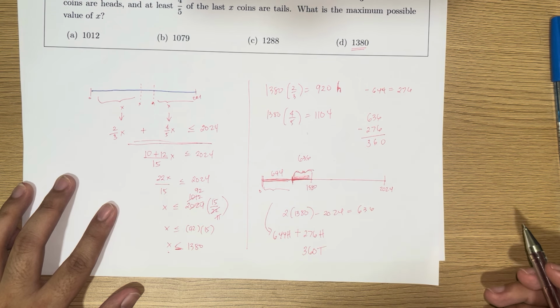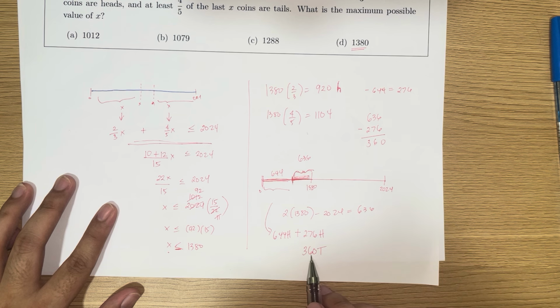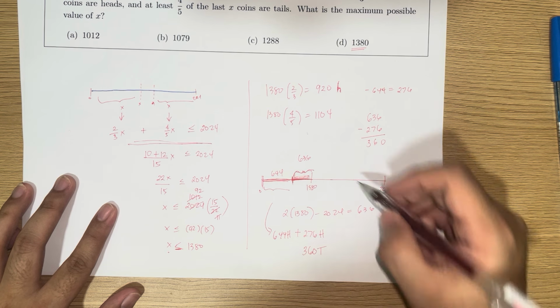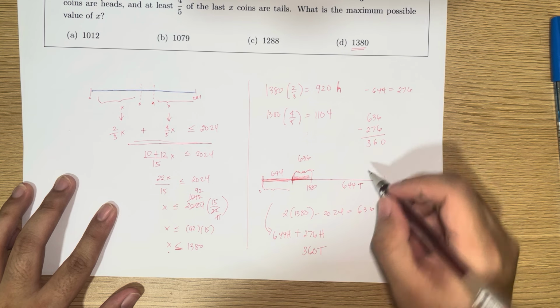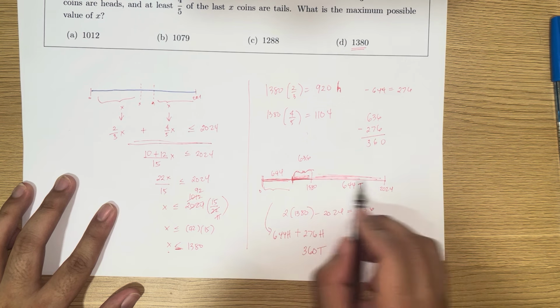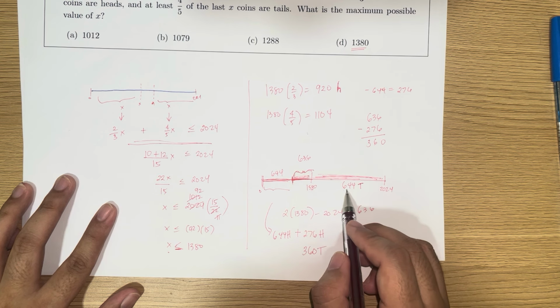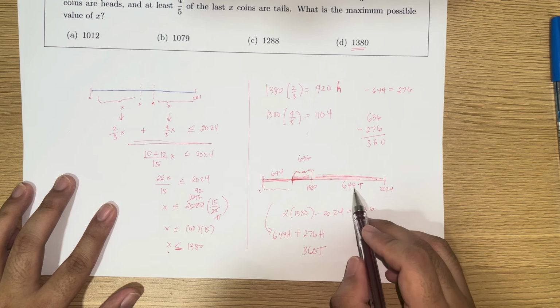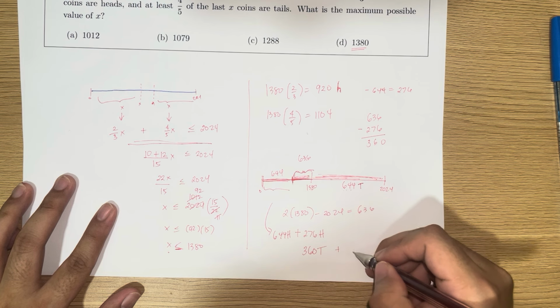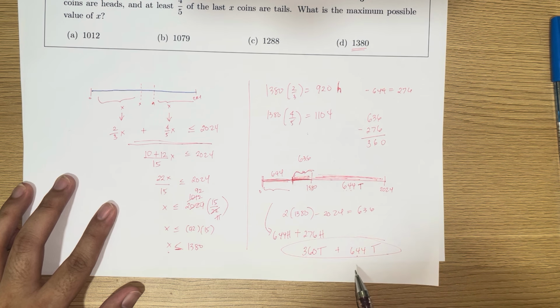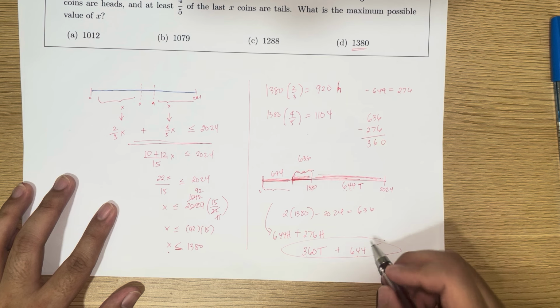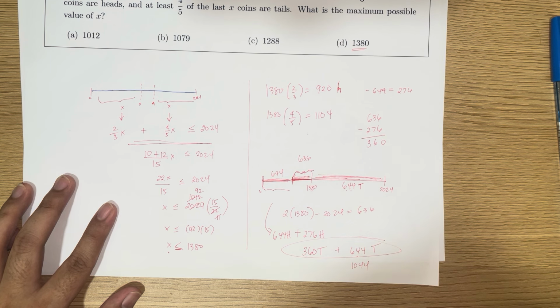Get it? So if you have 360 here and you have 644 tails here, again, this is the last part after the overlap. You have 644 here as well, but now we assume all of them are tails. So we have here 644 tails. The total tails on the last X is 360 plus 644, and that gives you a total of 1044, which is wrong.